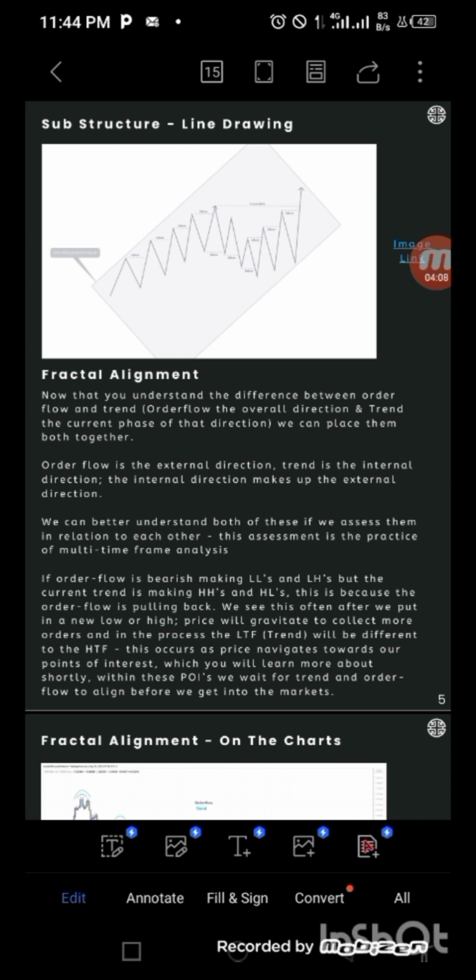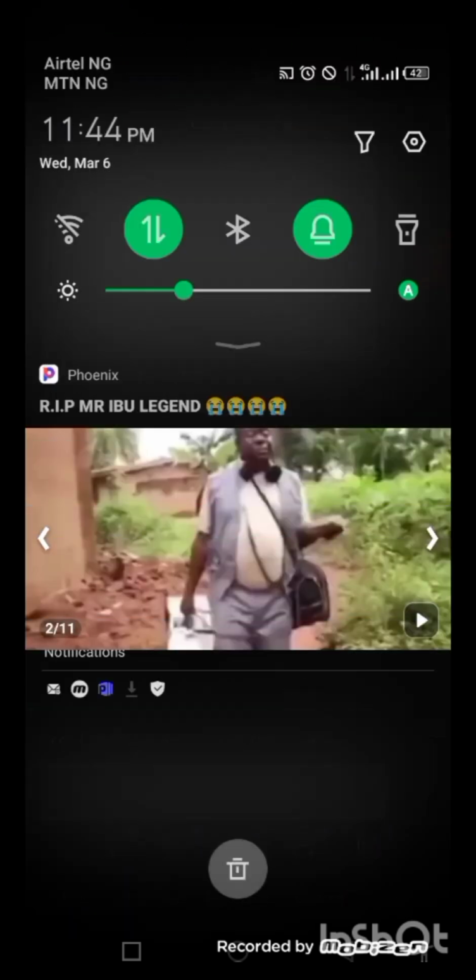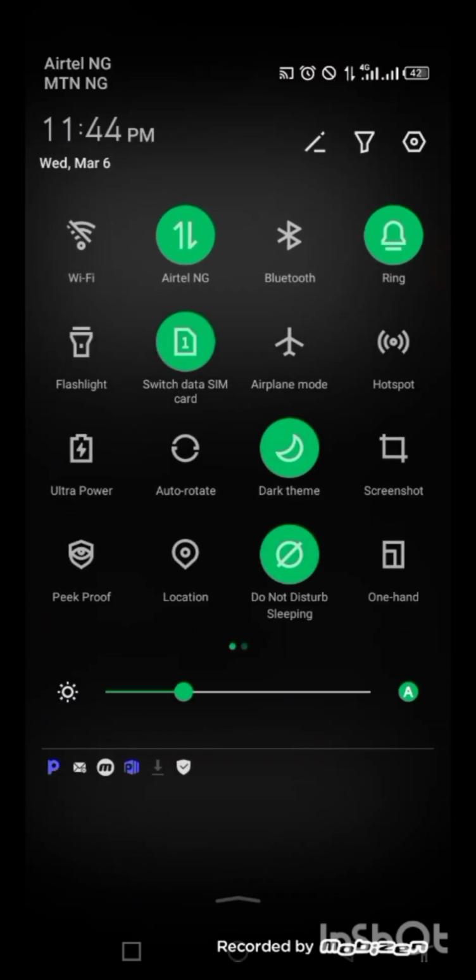So the internal direction makes up the external direction. We can better understand both of these if we assess them in relationship to each other. This assessment is the practice of multi-time frame analysis.